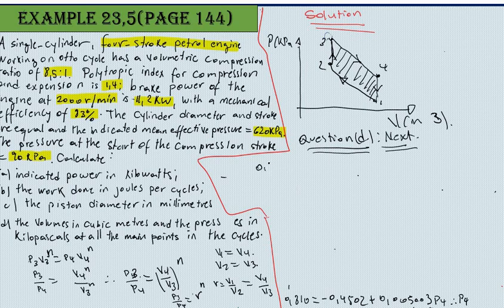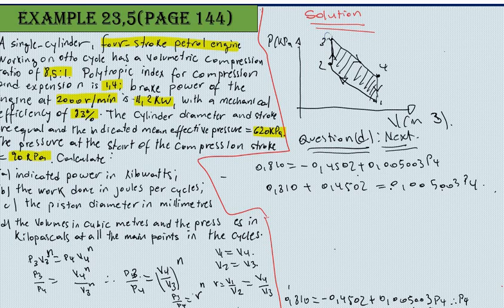So the equation is 0.810 is equal to negative 0.4502 plus 0.005003 P4. So I can determine P4. I'll first send this to the other side. So I'm going to have 0.810 plus, it becomes positive, and then I have plus 0.4502 is equal to 0.005003 P4.